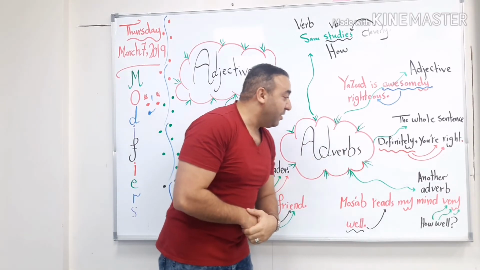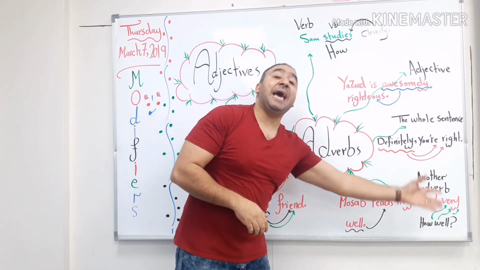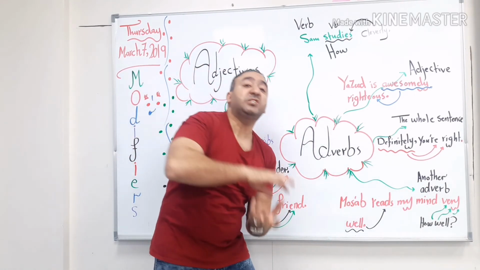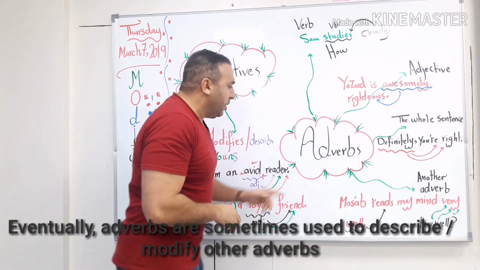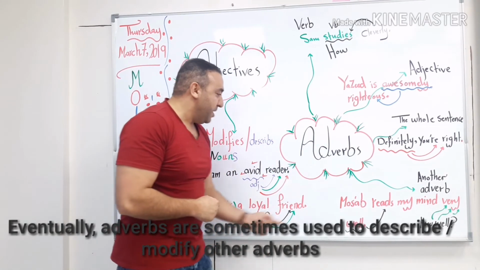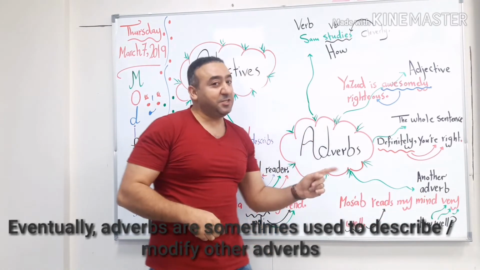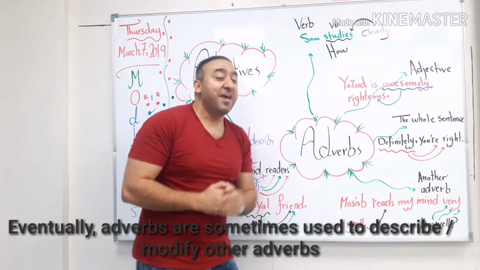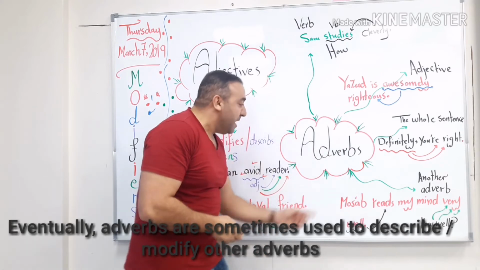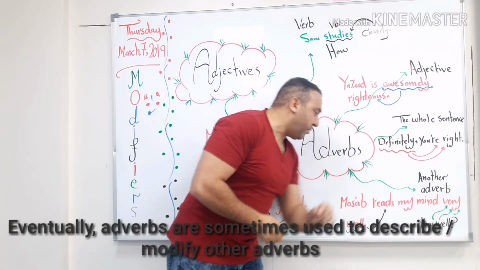So the last situation here is when we use the adverb to modify or describe another adverb. Look at this example. Mus'ab reads my mind very well. Mus'ab is another close friend I love. He is worth his weight in gold, actually. Mus'ab reads my mind very well.